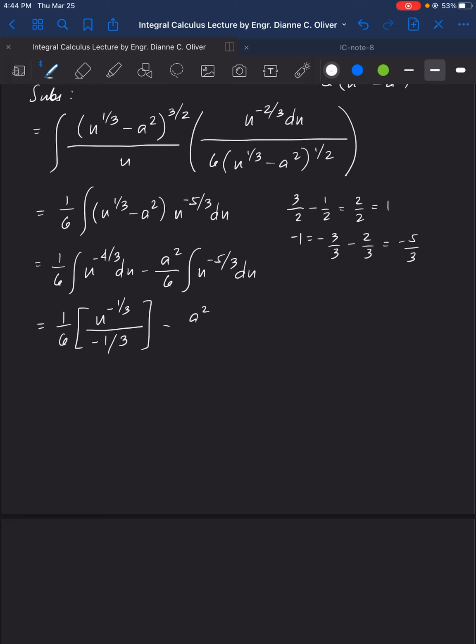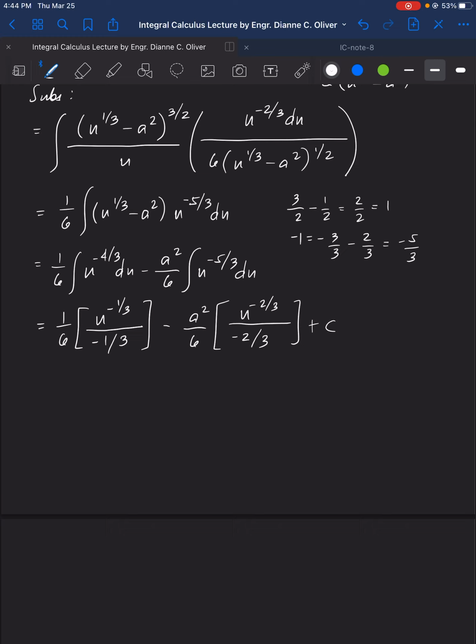Minus a squared over 6 u raised to, what is negative 5 over 3 plus 1? Negative 5 over 3 plus 1 becomes negative 2/3, all over negative 2/3 plus c.